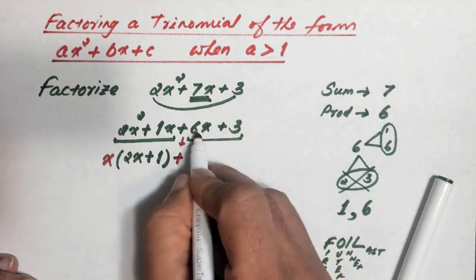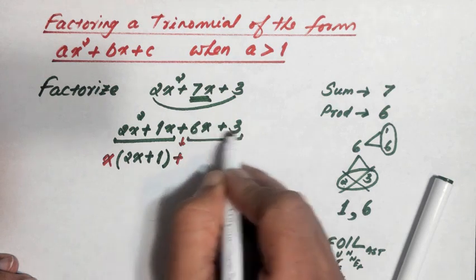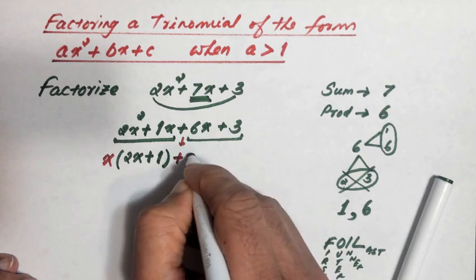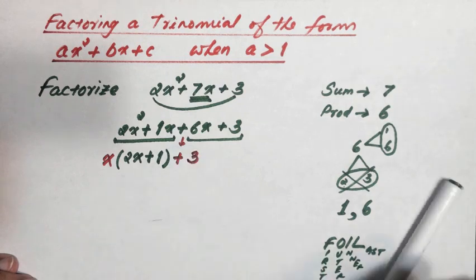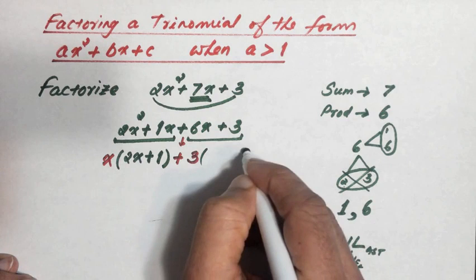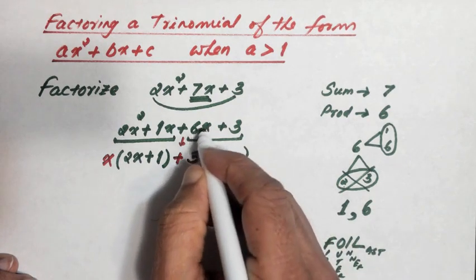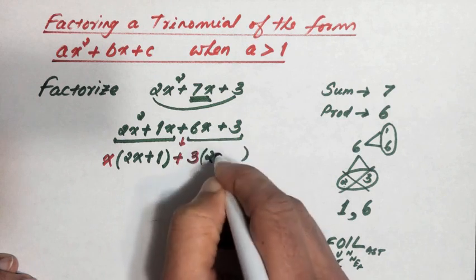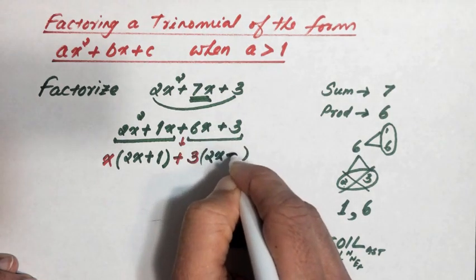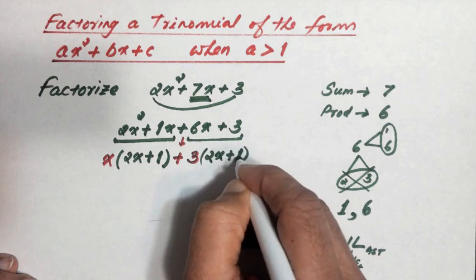Now you need to look for the common factor in the second group, which is 6x and 3. There is no x in the 3, so the common factor of 6 and 3 is 3. In parentheses, 3 goes in 6x twice, so 2x. Drop the sign, and 3 goes in 3 one time.